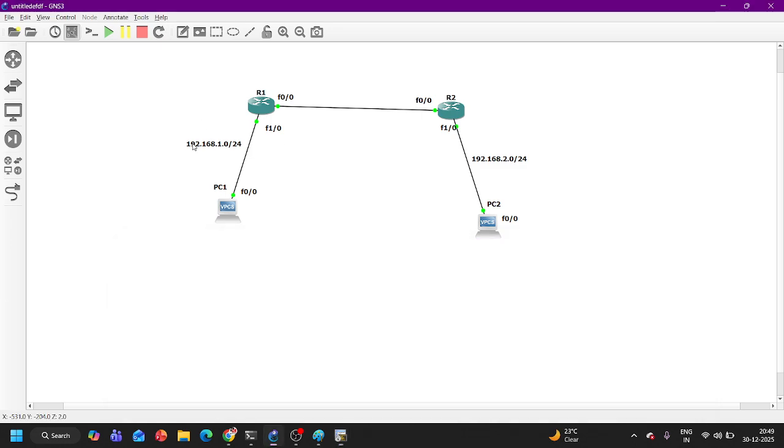Now let's suppose here is a user 192.168.1.1 sending traffic to 192.168.2.1, PC2. The PC will send to its default gateway, router number 1, correct?